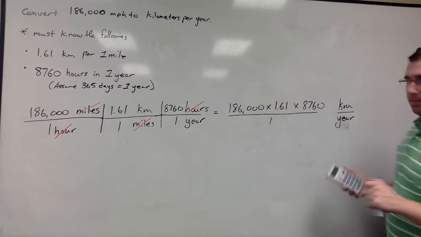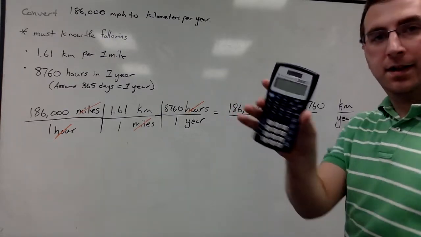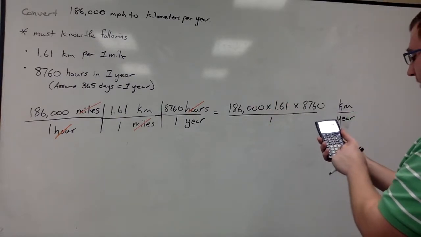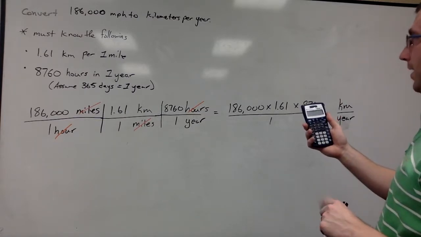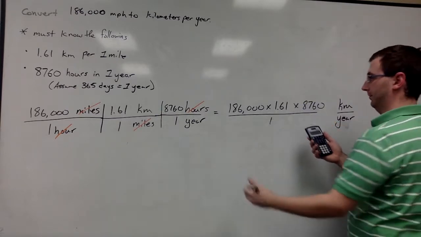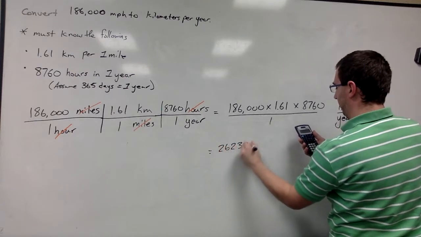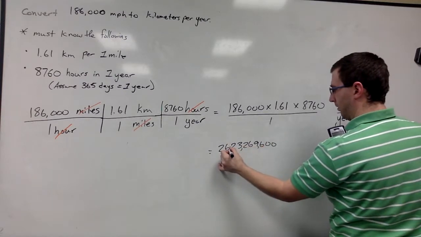We're going to end up with a really big number, and I need another calculator. Give me just a second. There we go, a little scientific calculator right here. 186,000 times 1.61 times 8,760. Yeah, we get a really big number: 2623269600.